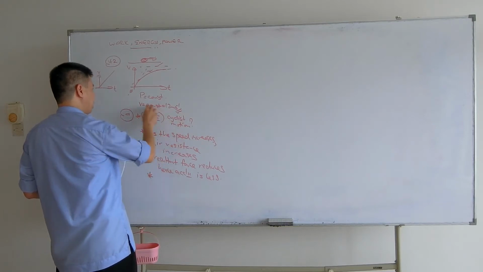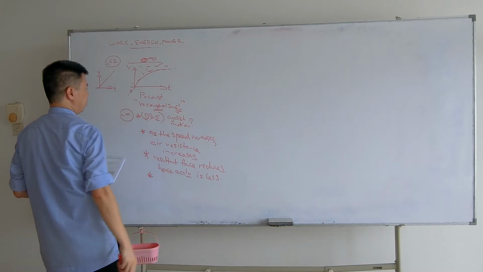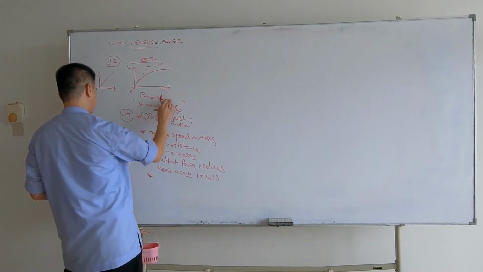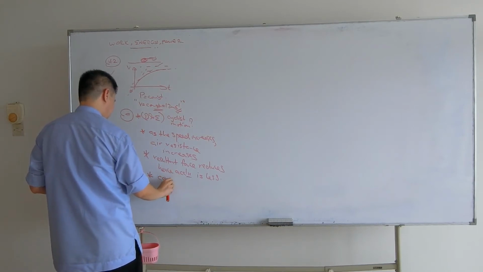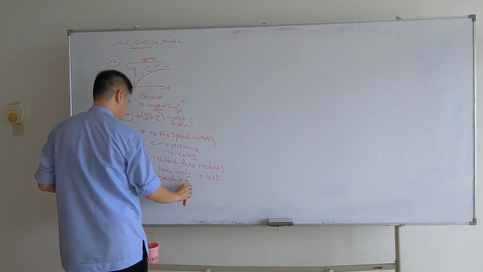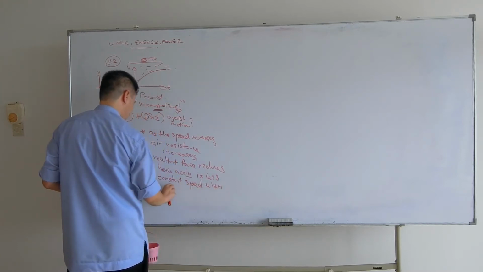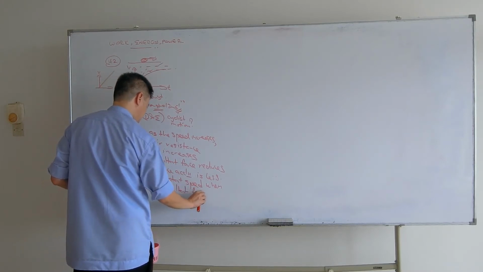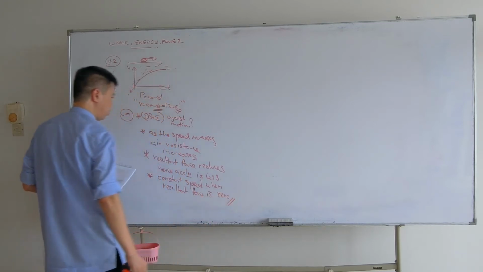Then they mention something in the question, and we must mention that as well. Why do we reach constant speed? Constant speed occurs when the resultant force is 0.